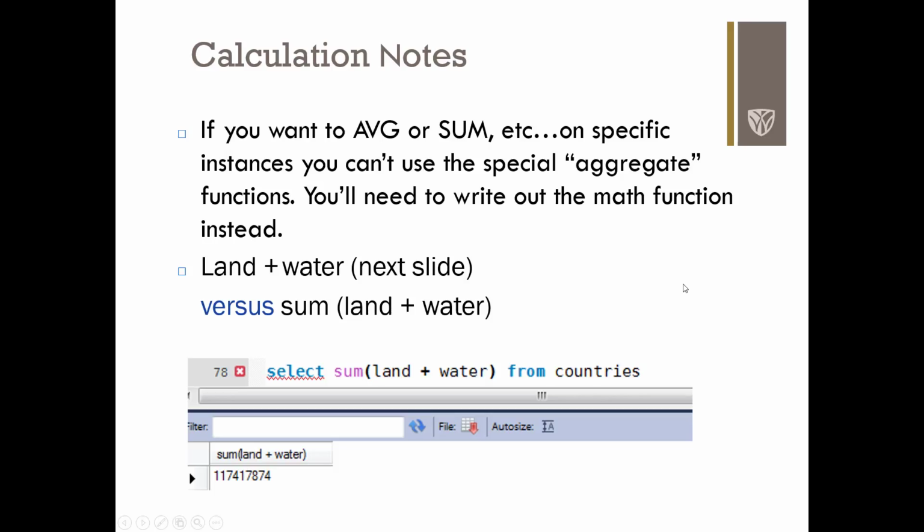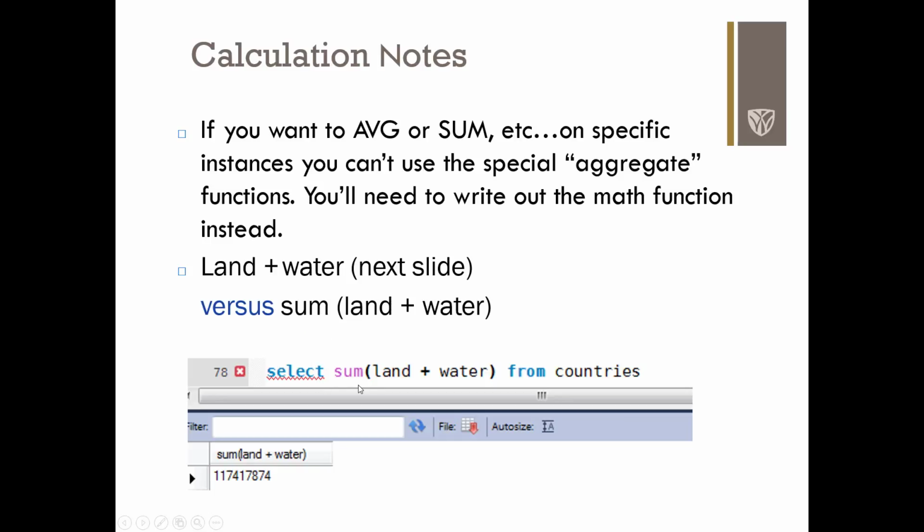Also, if you want to add two values together or calculate an average of two values within a specific record or row, you can't use the aggregate functions. So having sum land plus water is not the same as using land plus water, and I'll explain that.